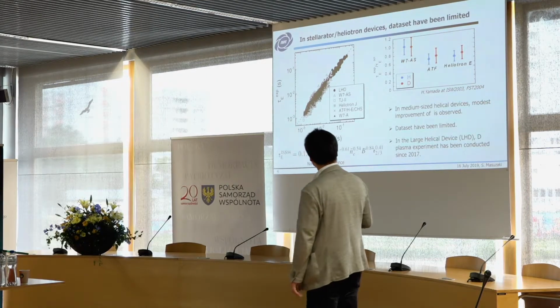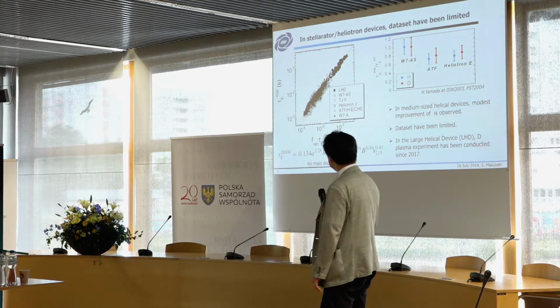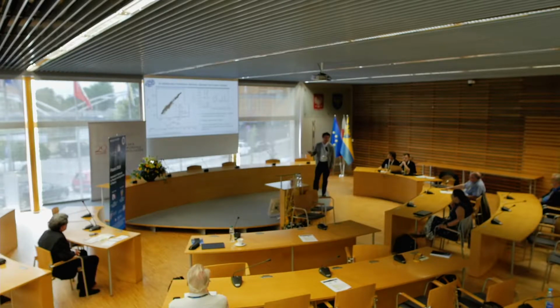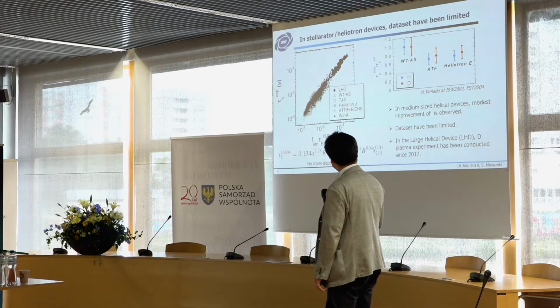This is one of the examples of isotope effect study in stellarators and heliotrons. Blue is hydrogen and red is deuterium, and this indicates the improvement factor of energy confinement.